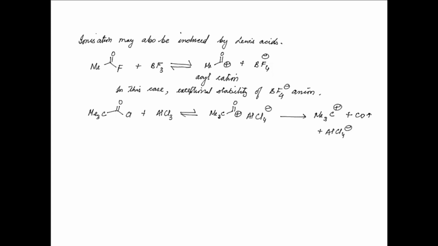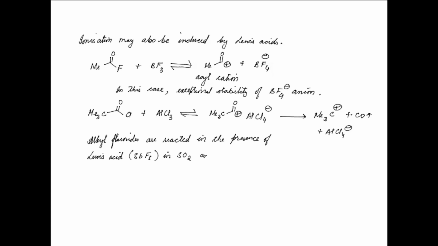Another example for the generation of carbocations is when alkyl fluorides are reacted in the presence of the Lewis acid antimony pentafluoride in sulfur dioxide as solvent.